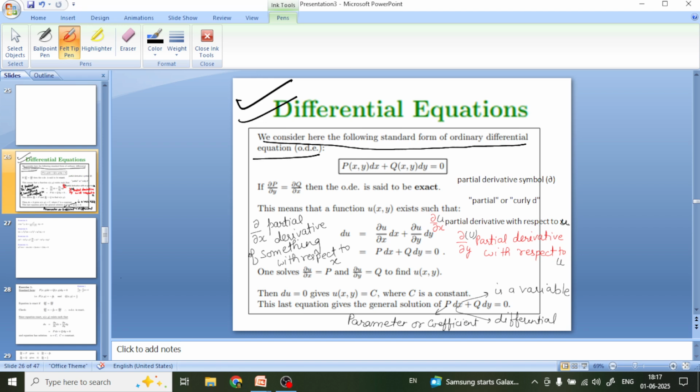Keep in mind that an ordinary differential equation should be written like this: P(x,y) dx plus Q(x,y) dy is equal to 0.